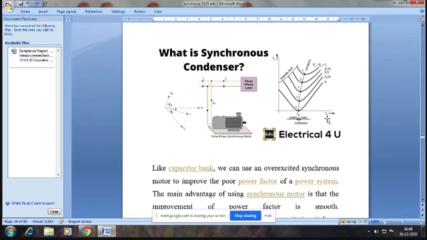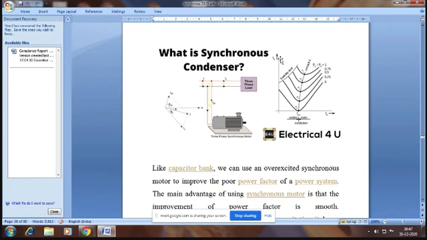Along the x-axis we have the field excitation. What does IS on the y-axis stand for? Stator current, correct. I have said stator or armature, both are the same.